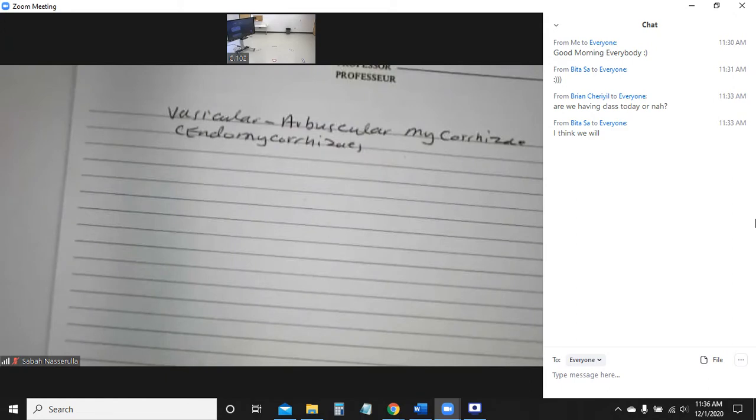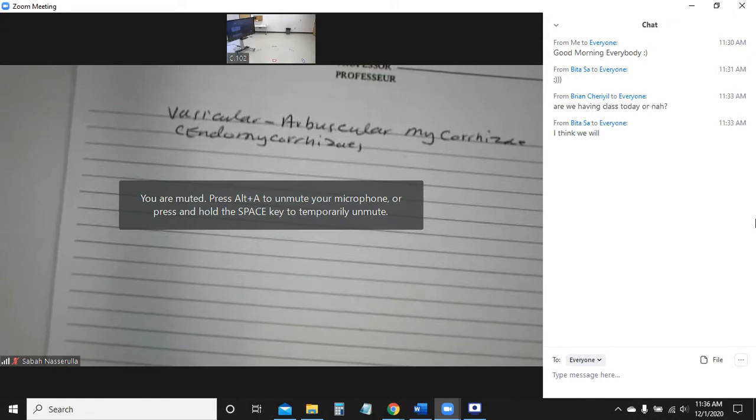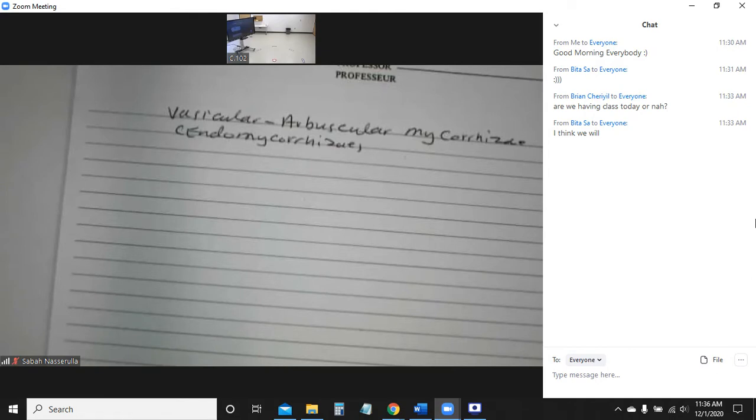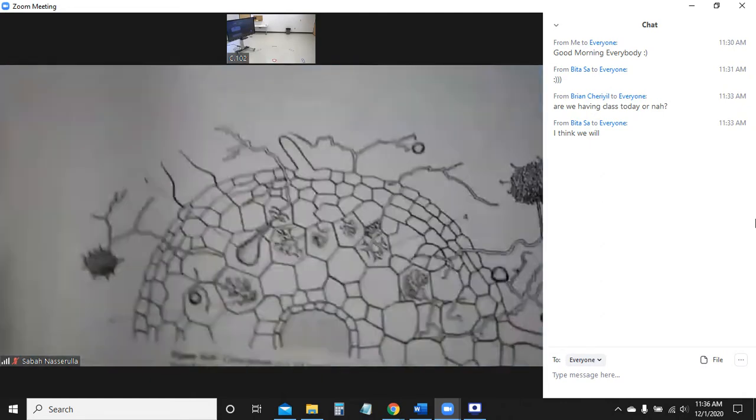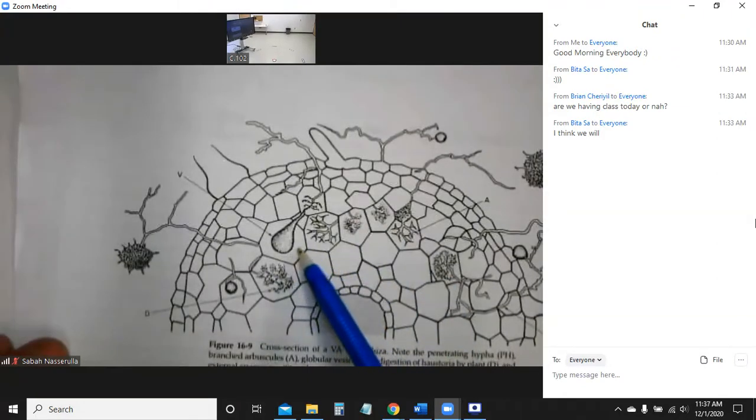Just a few things to finish. Last lecture, as a matter of fact, I already explained this. This shows us what we call the endomycorrhizae inside the cells of the cortex.